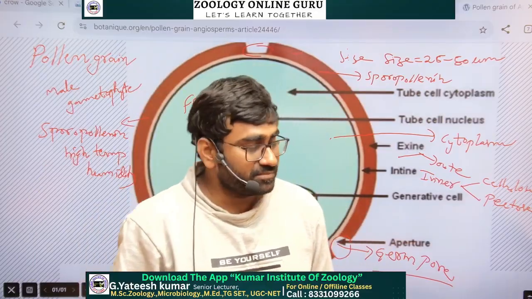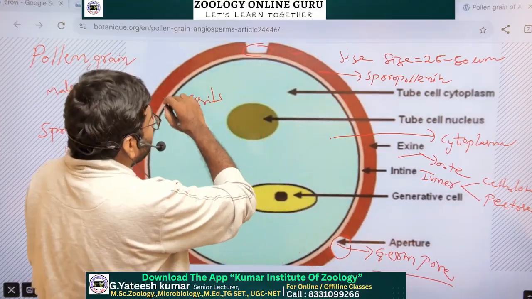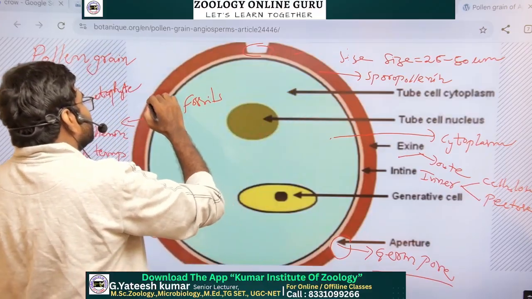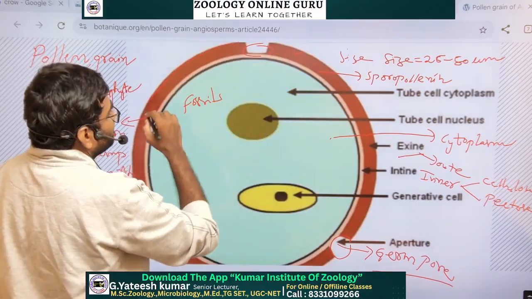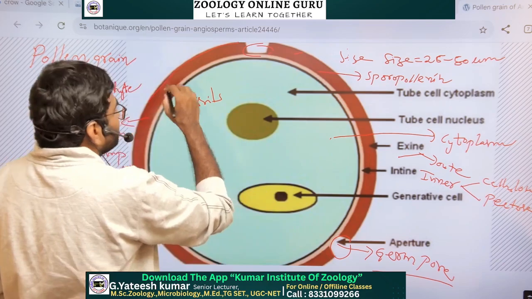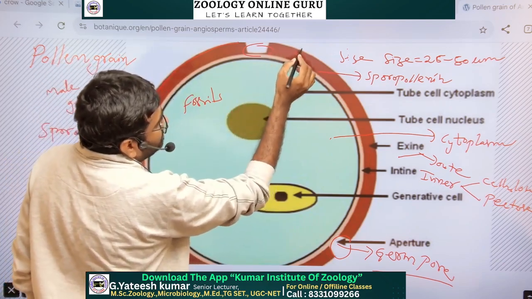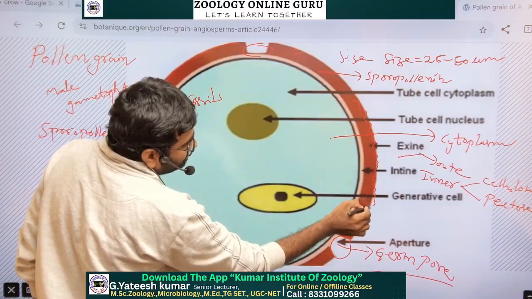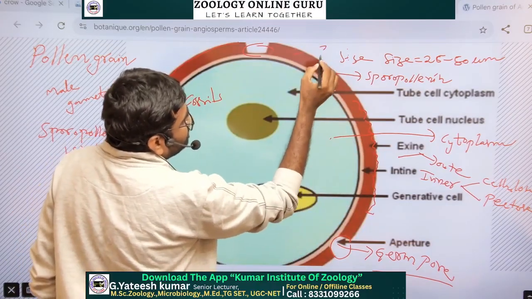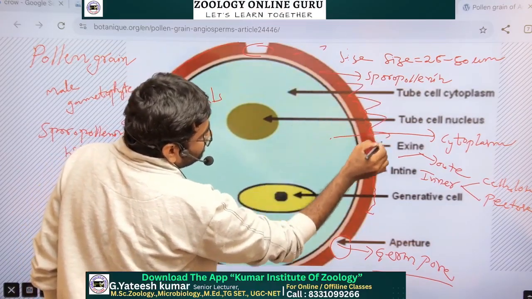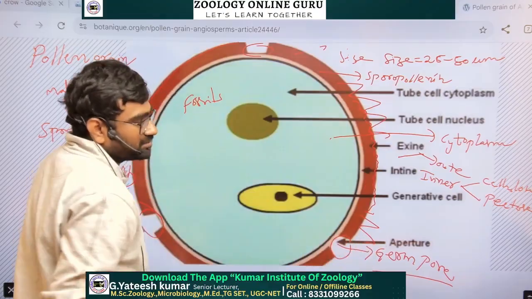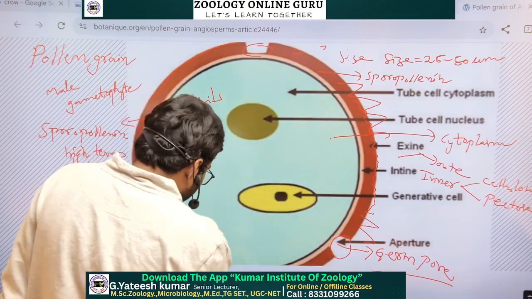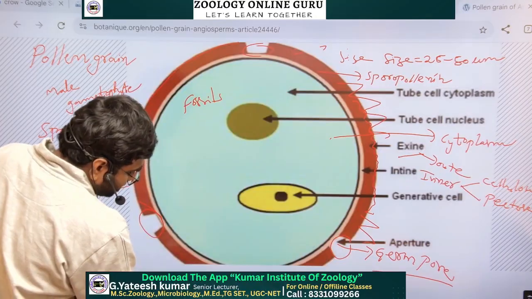So exine exhibits different types of patterns and designs. If you observe this pollen grain, this is a smooth pattern, and if you observe another plant's pollen grain, you may observe patterns like spherical or helical ones, and some have projections, spikes, etc. So we observe different types of patterns in the exine.